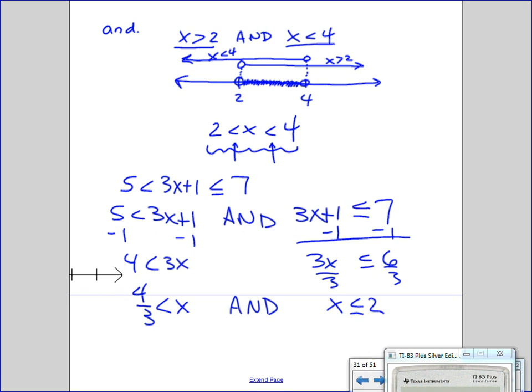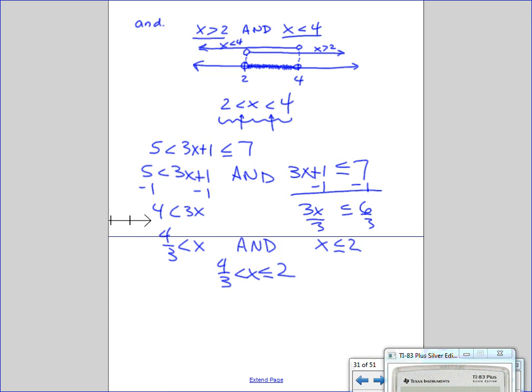So the solution would be 4/3 is less than x and x is less than or equal to 2. And this could be combined to write 4/3 is less than x is less than or equal to 2.